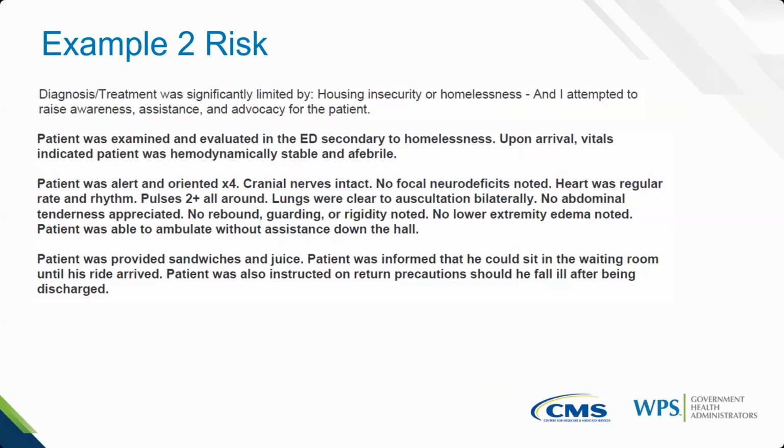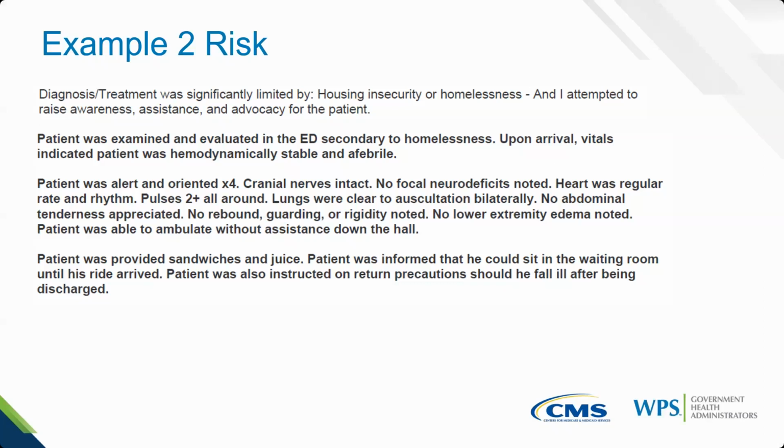Patient was examined, they were evaluated due to homelessness. Vitals were taken, patient was alert and oriented, all of that type of information. Patient was provided sandwiches and juice. Patient was informed they could sit in the waiting room until their ride arrived. Patient was also instructed on return precautions should he fall ill after being discharged.